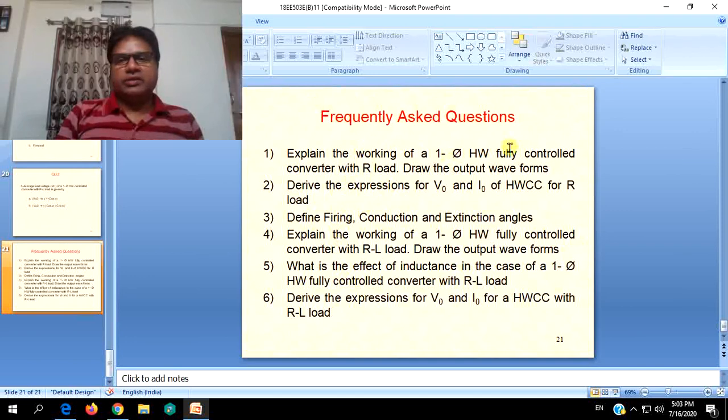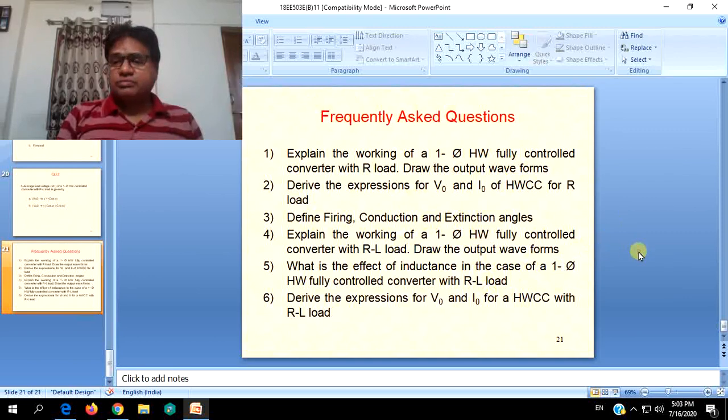Explain the working of a single phase HWCC with R load, draw the output waveforms, derive the expressions for V0 and I0 in the case of R load, define firing, conduction and extinction angles, and the same sort of questions can be repeated for the circuit with RL load also.